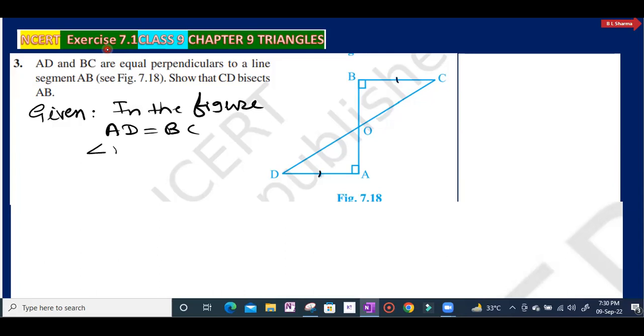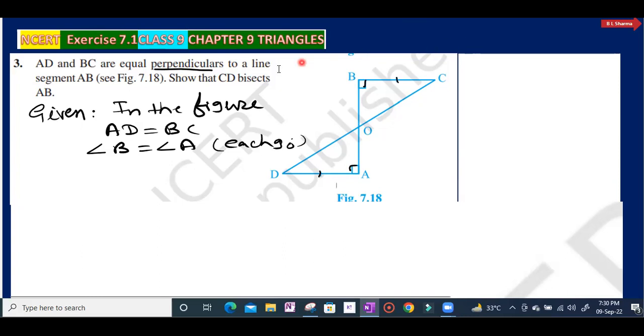Angle B is equal to angle A, each 90 degree. Why it is 90 degree? Because it is given. ये जो perpendiculars है equal भी है. Perpendicular means making 90 degree. This angle is 90 degree. This angle is 90 degree.